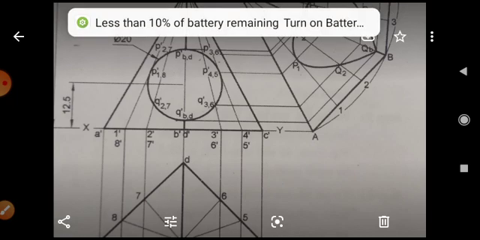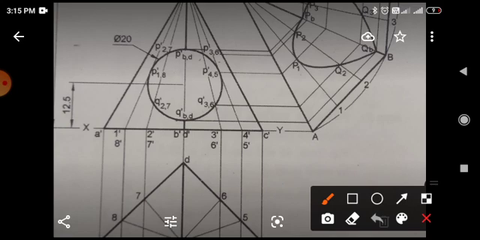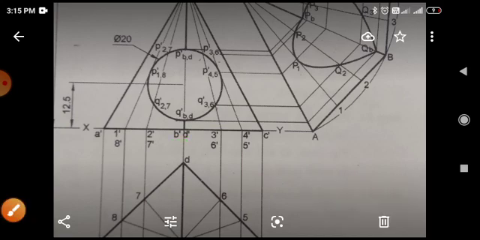But in the case of a simple figure, you can manage with very few projections. Here you can see 1 2 3 4 5 6 and 7 projections are enough. But in that circle you will need to take many projections.